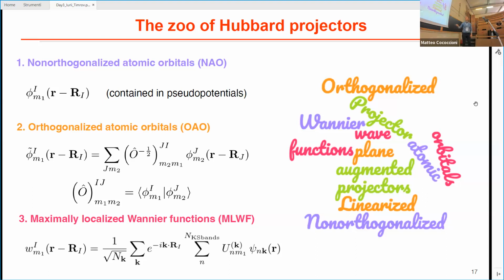Then, do we really gain anything if we go from orthogonalized atomic orbitals to maximally localized ones? If you localize these orbitals on atoms, I think you don't gain much, almost nothing. I would say maximally localized functions should be equivalent to orthogonalized atomic ones. They're slightly different, but very similar if they are atom-centered. What would be interesting to try is to localize functions on the bonds, in the interstitial regions, between atoms.